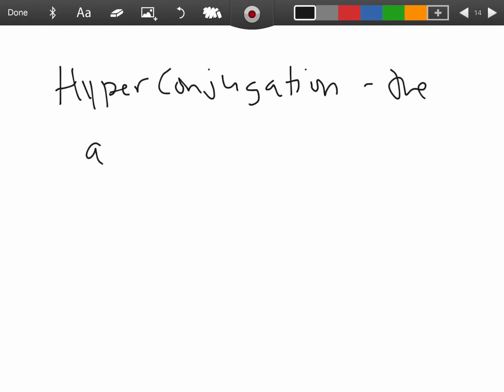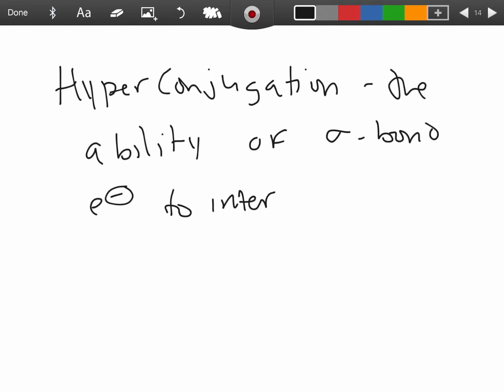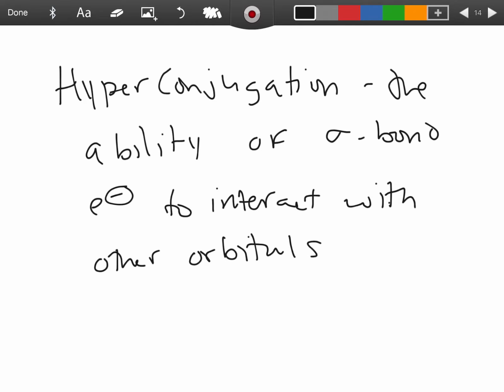And this is the ability of sigma bond electrons to interact with other orbitals, right?